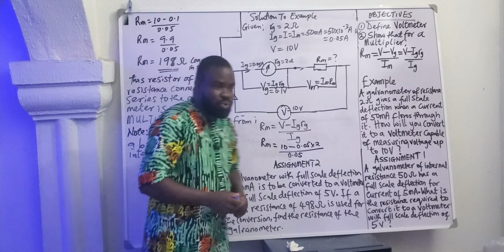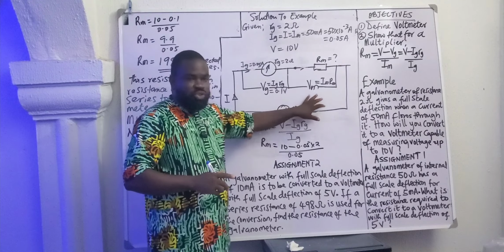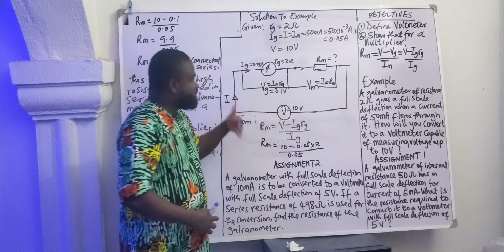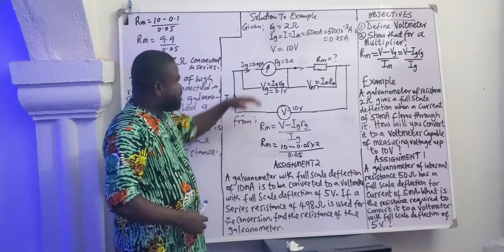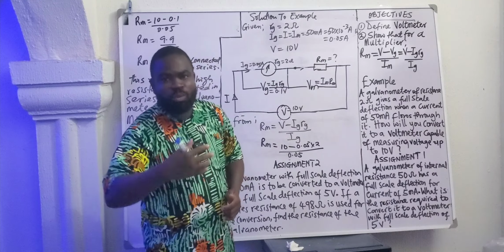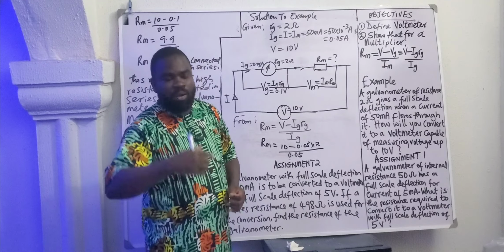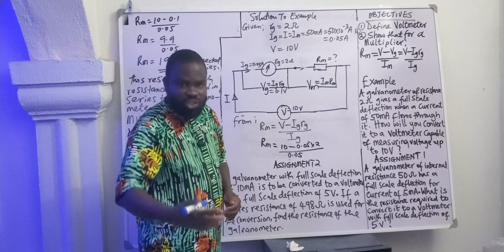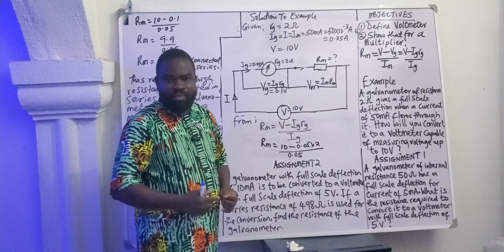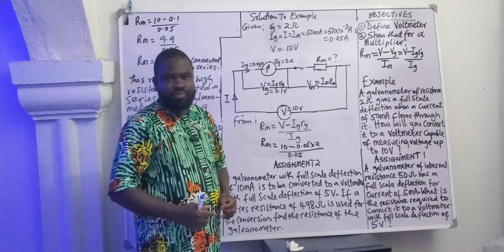Another point that you need to know is, like I said in the last class, in the industry or at home, of what importance is this learning to us? Converting a galvanometer to a voltmeter is all about voltage protection. That is, protecting an expensive device, protecting an expensive machine against over voltage, against excess voltage, against voltage surge.